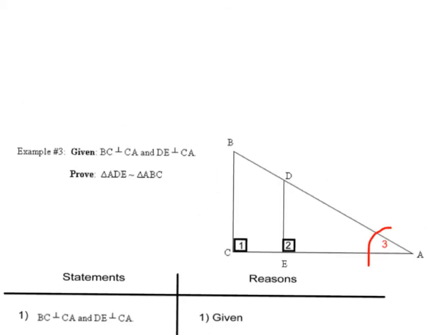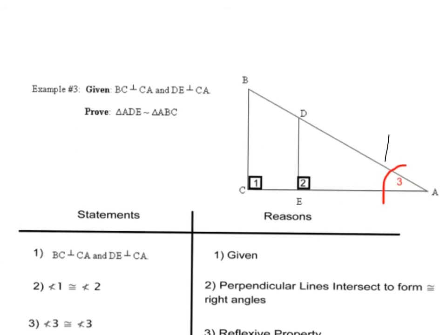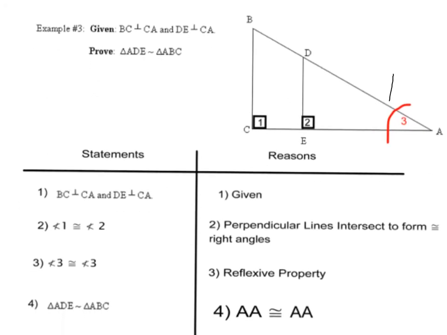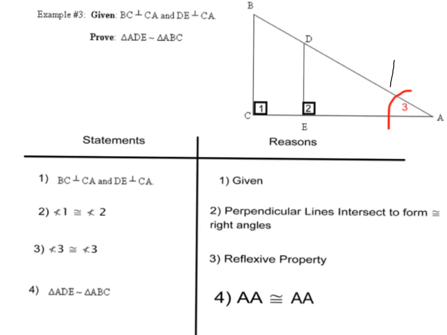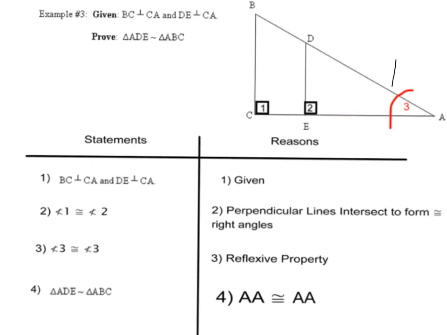So let me show you how that's written out. We start with the givens. BC perpendicular to CA, DE perpendicular to CA, given. Perpendicular lines intersect to form congruent right angles. Then we go to the reflexive property. Angle 3 is congruent to angle 3. And the last thing, that the triangles are similar.